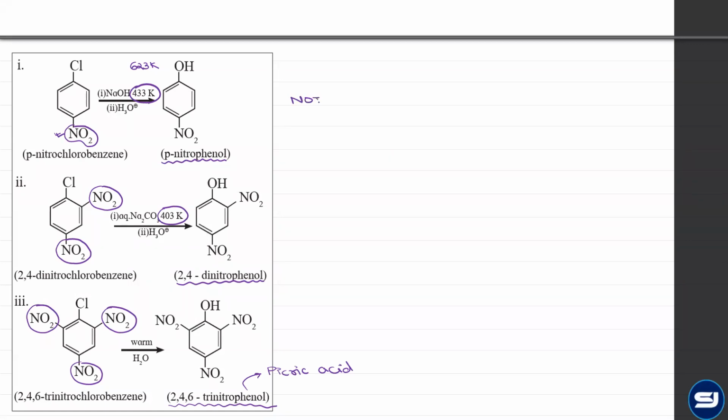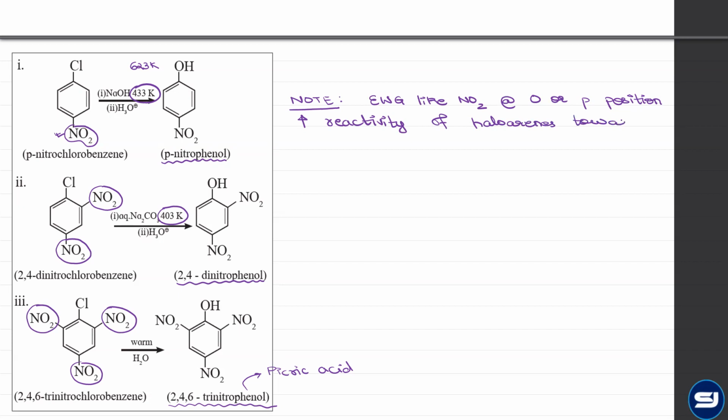So a very important point to be noted, electron withdrawing group like nitro at ortho or para position increases the reactivity of haloarenes towards what type of reaction?